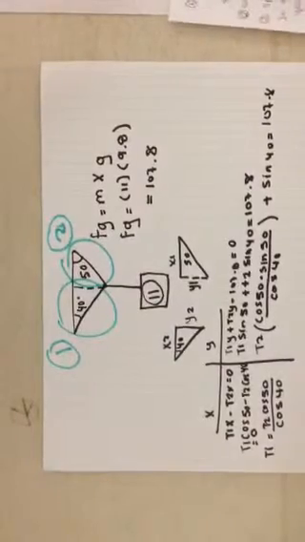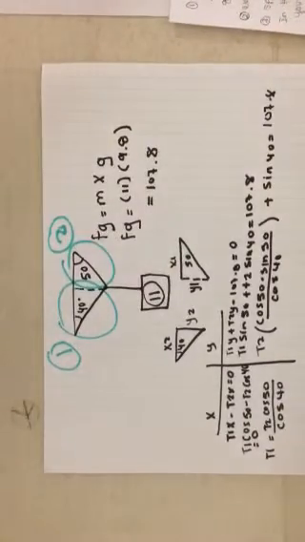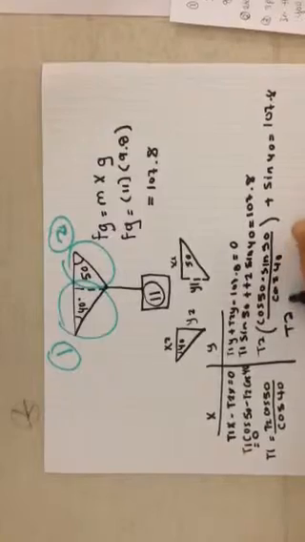Now we're going to use our calculator to solve for T2, which gave us 1.29 T2 is equal to 107.8.